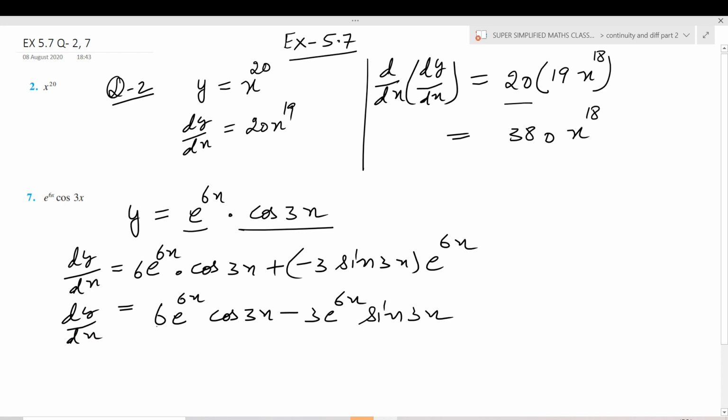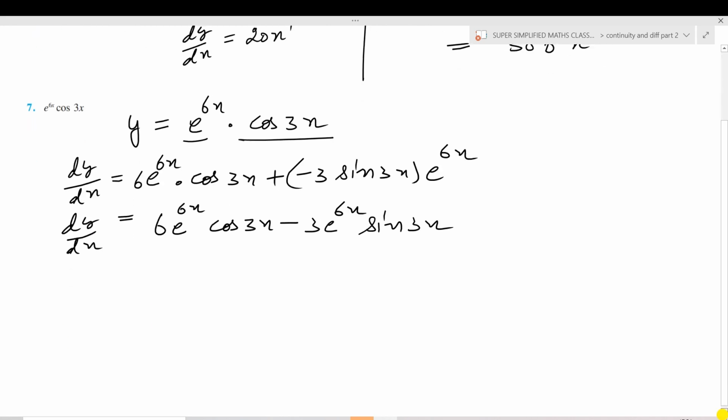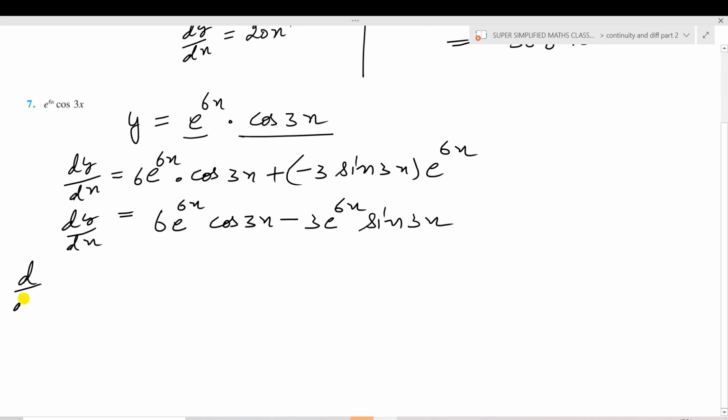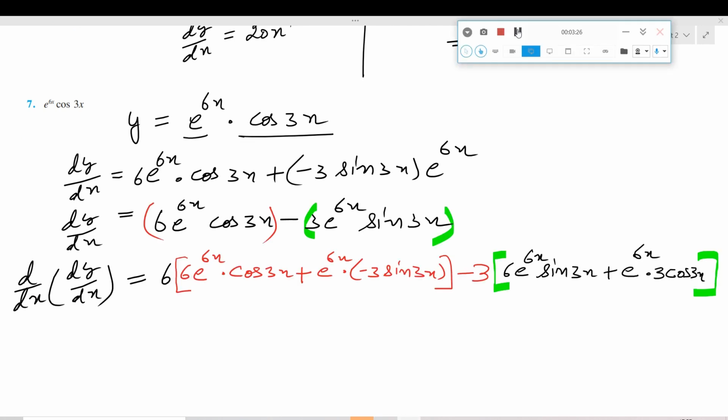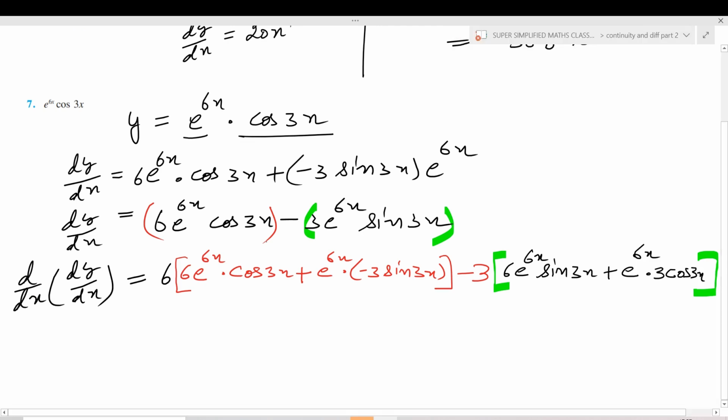Now we differentiate it once more with respect to x. So that means d by dx of dy by dx will be equal to, now you can see to differentiate it again we have to find the derivative of this bracket using the product rule. So you can see this bracket, this red colored bracket, its derivative with respect to product rule is this. 6 we have taken common.